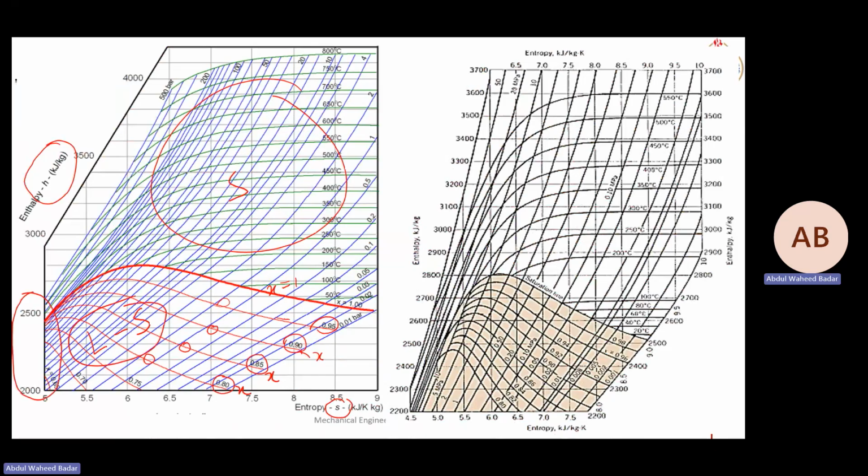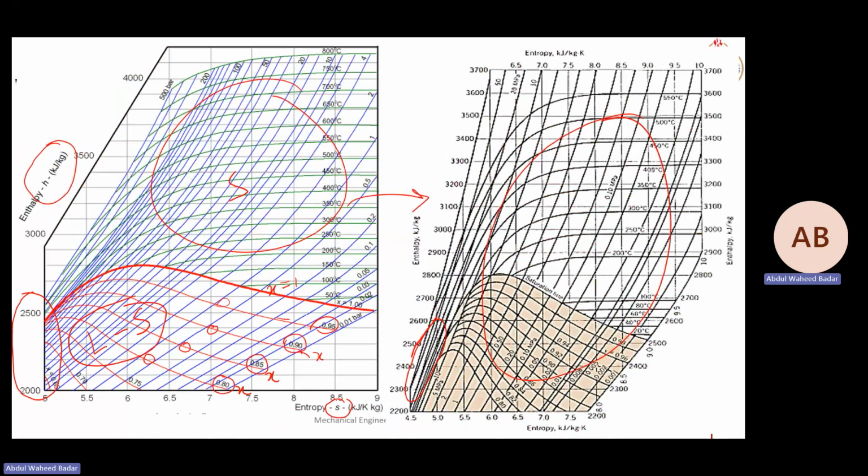The liquid region is very difficult to read because all these blue lines are pressure lines. They are converging to each other in the liquid region. So the same curve is shown separately here. Here you can see the liquid region, but it's not possible to read. So this chart you can use only for these 2 regions. For the liquid region, you still have to use tables.